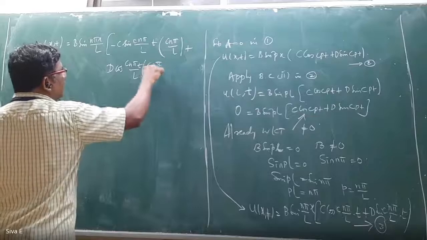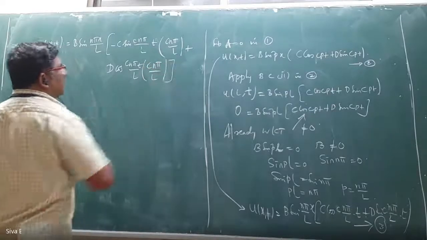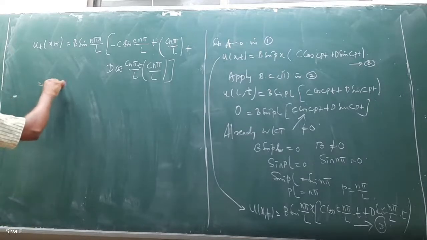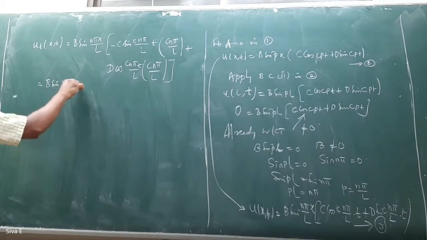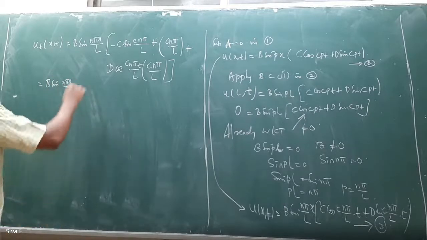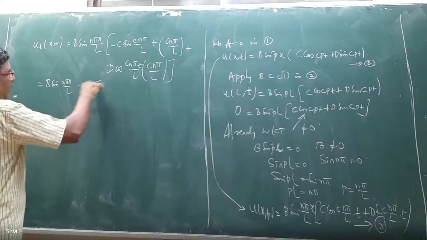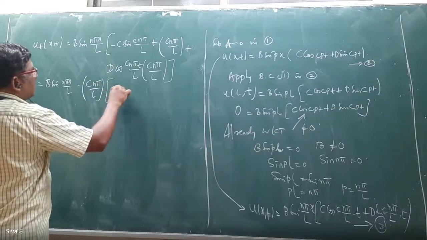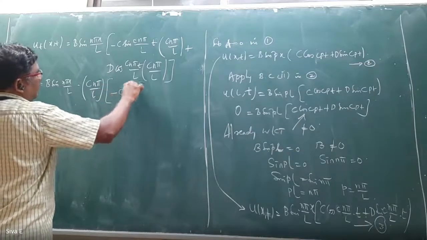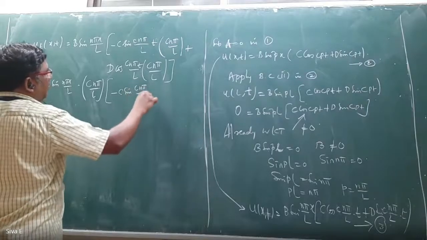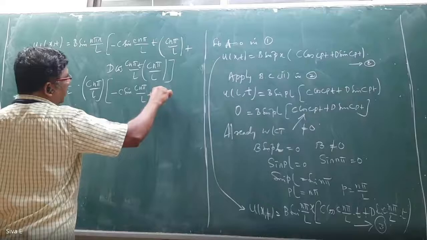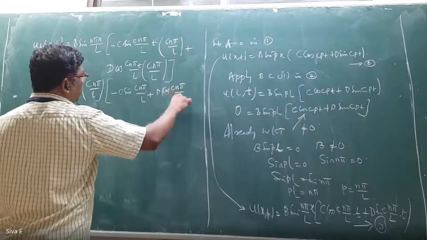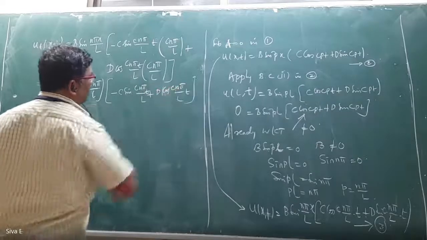So cnπ/L is common, take it outside: b sin(nπx/L) times cnπ/L times [minus c sin(cnπt/L) plus d cos(cnπt/L)] should be there.